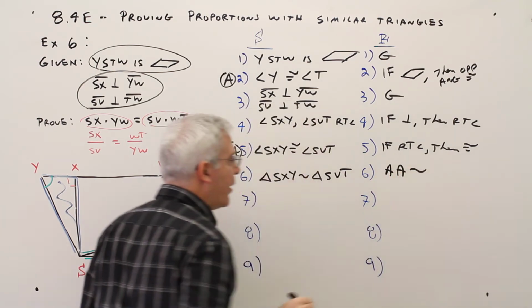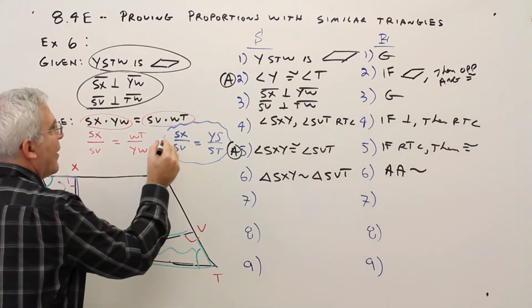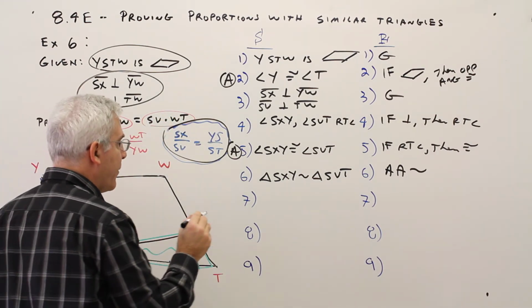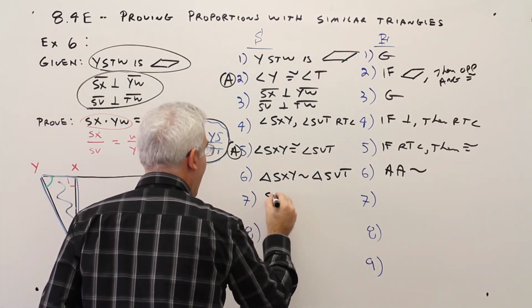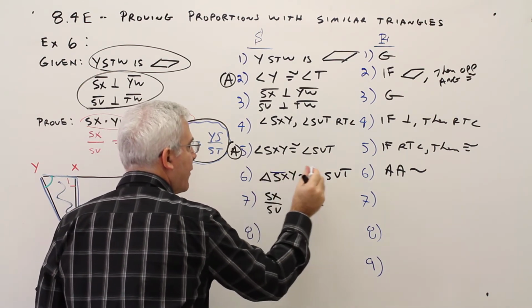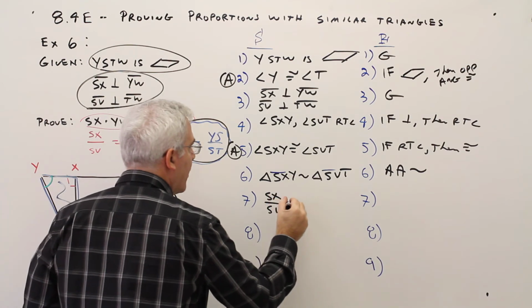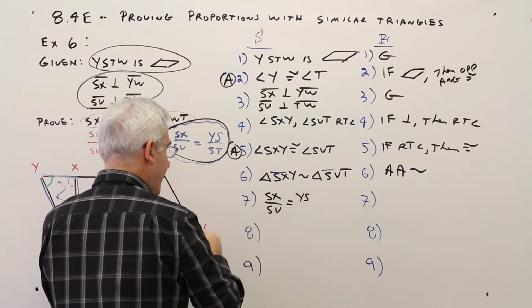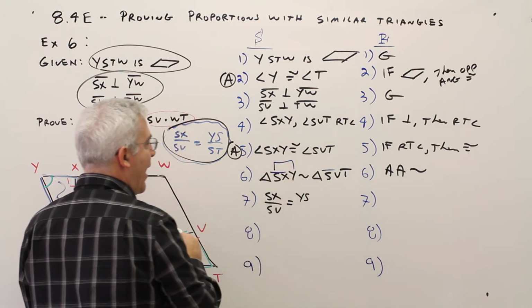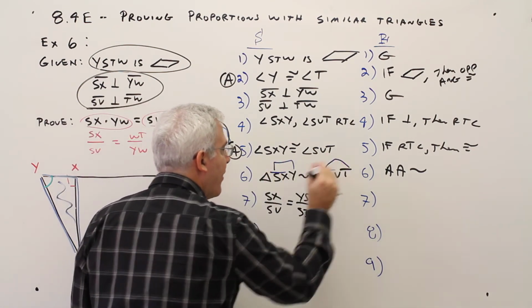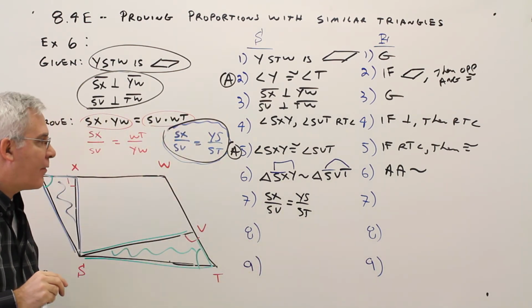Angle-angle similarity. From that, I'll get this proportion here. I'll be careful with the ordering. So let's just check. SX over SV, that's first two over first two, equals YS, that's first and last, over ST, that's first and last, so that makes sense.